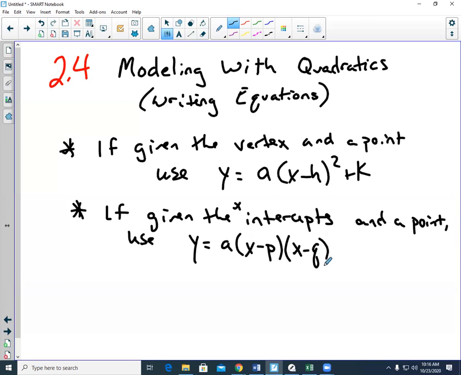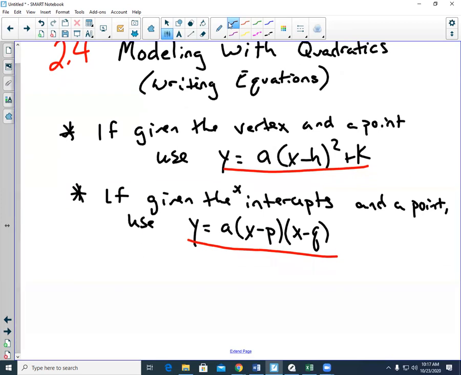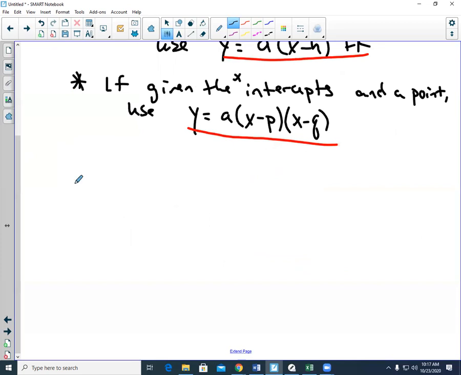And remember, what I'm going to give you guys on your test on Tuesday is these general forms. So I will give you this, and I'll give you this, and then I'll give you the equation for standard form as well, but I'm not really going to tell you anything about those. That way hopefully you don't get them confused and mixed up, but you still need to know the applications with them.